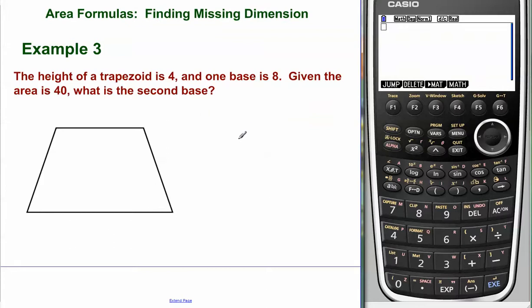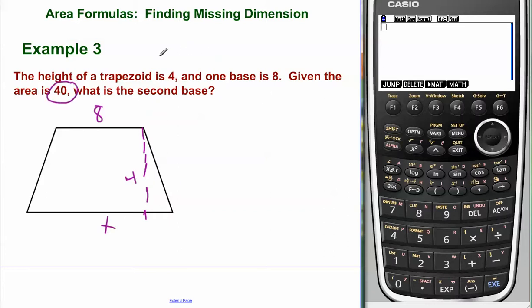Our last example, and there's different ways to approach this. Now, I have a picture here. We're probably not going to give you the picture, but because I'm instructing a little bit, we went ahead and did that. So again, here's my height, dashed line, and we have 4. One base is 8. We're going to call that x, and the area is 40.